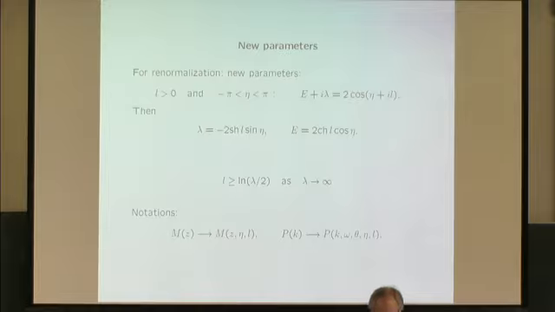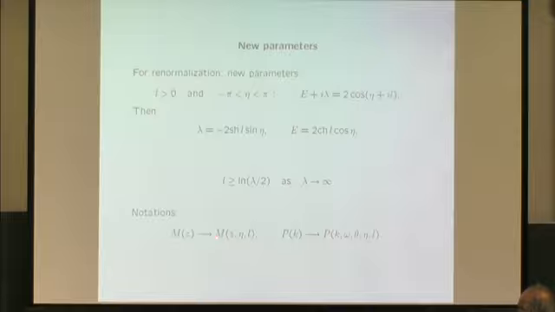So if either lambda or L is large, then roughly one is of order of logarithm of the other. And now we are going to use these two parameters instead of E and lambda, and so we adjust our notations.